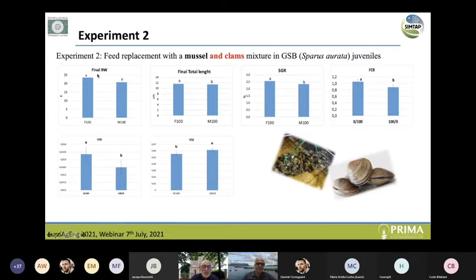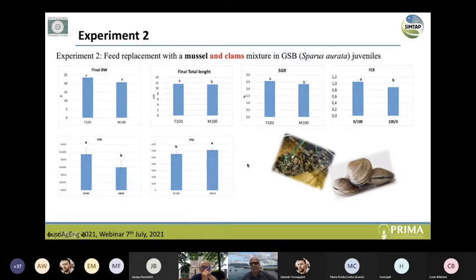And we saw that the final body weight again was higher for the group fed only feed against the group fed only mussels. So this is a confirmation of what we saw in experiment 1. The length was also affected, but of course the length is strictly correlated with the body weight, so higher body weight very often comes together with higher length of the fish.